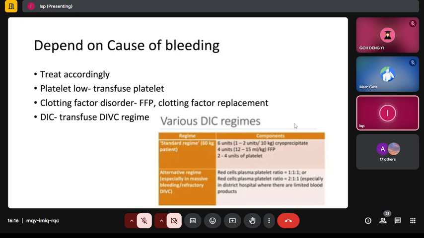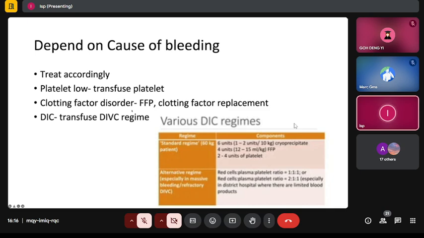So when the platelet is low and the patient is bleeding, we transfuse the platelet, regardless of the cause of the low platelet, because the patient is bleeding and we don't have time to find out if it is due to DIC, ITP, or hemolysis. There are so many causes, but right now the patient is bleeding and you need the platelet to form a plug to stop the bleeding. So we usually transfuse the platelet.